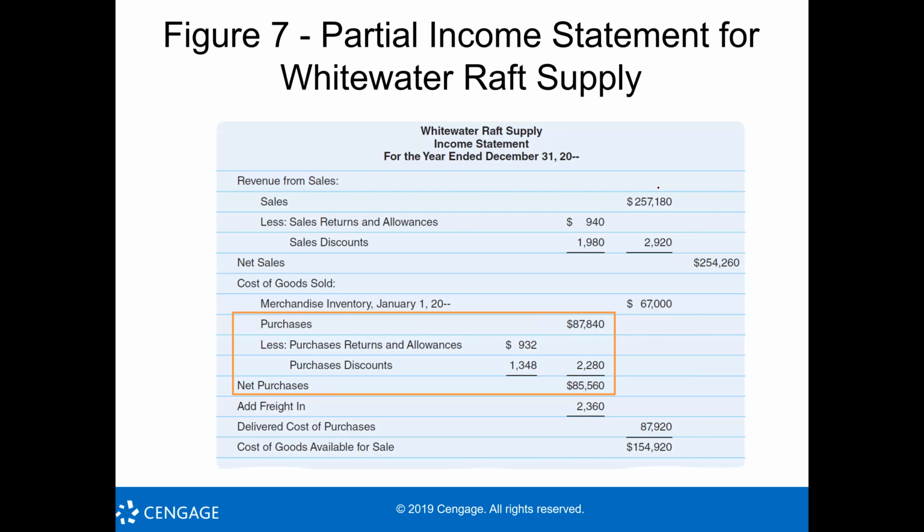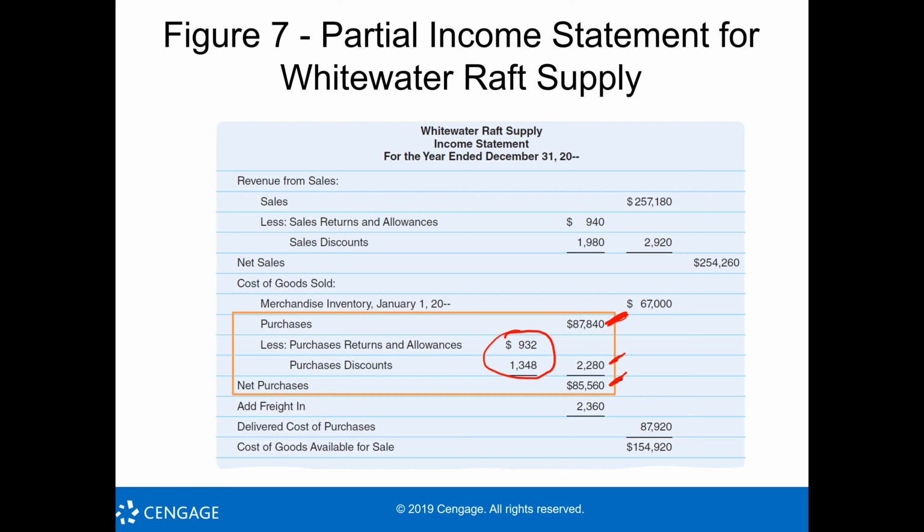Okay, and now it's just showing us and highlighting again this purchases section. I've already talked about it a few slides ago, but we take our total purchases, that 87,840, and then we subtract, or less, purchase returns and allowances. So we're subtracting 2,280, and that gives us those net purchases, 85,560, right?